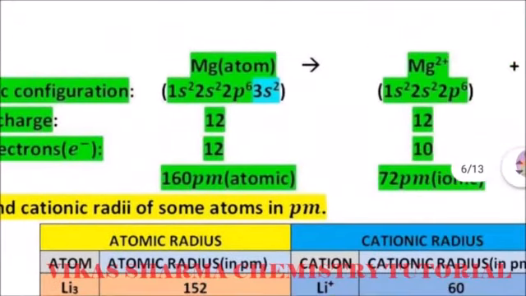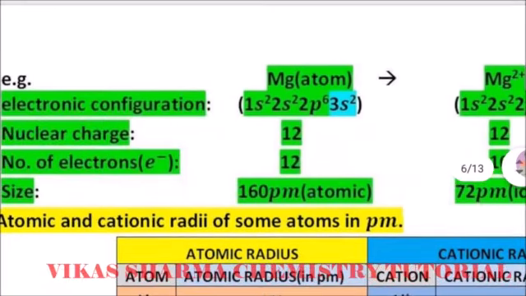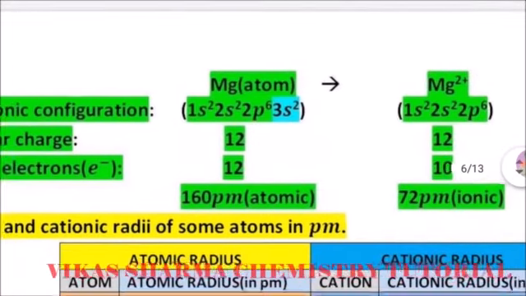In a second example, the magnesium atom has the configuration 1s2, 2s2, 2p6, 3s2. When it forms the bivalent ion, the configuration is 1s2, 2s2, 2p6. The nuclear charge in the magnesium atom is 12, and in the magnesium ion it is the same, 12.